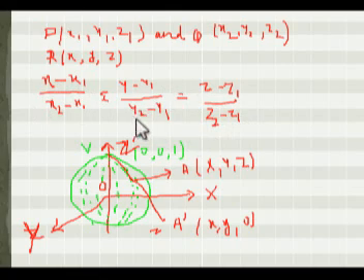We use this equation form for the straight line V A A prime, and we will get it in this way.